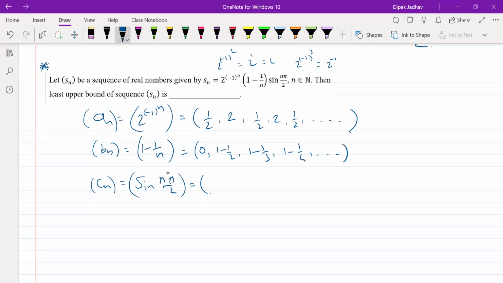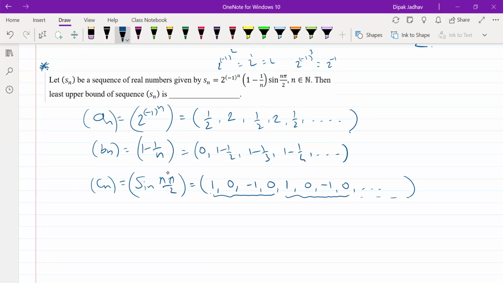Sin pi by 2 is 1, then 0, then minus 1, then 0, then it will repeat. It will keep on repeating between these 4 terms: 1, 0, minus 1, 0, 1, 0, minus 1, 0 and so on.